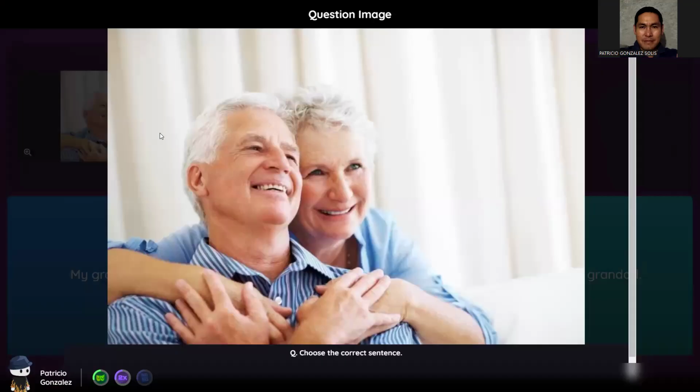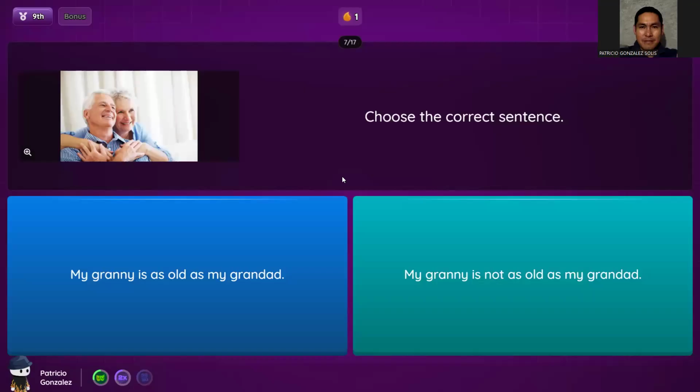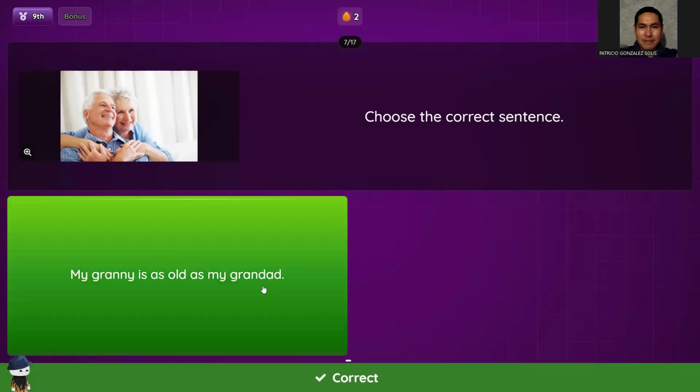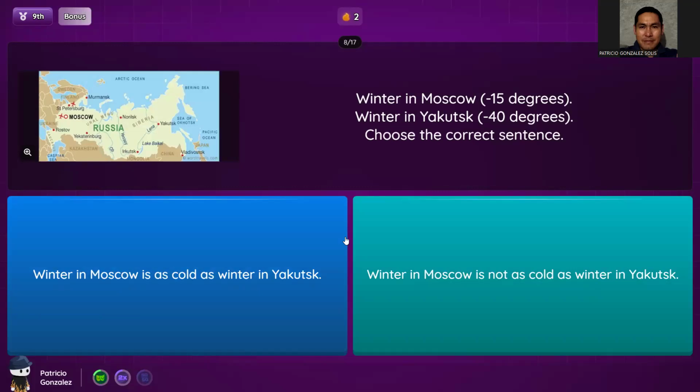Okay, let's look again. Yeah, it's the first one. The first one says, my granny is as old as my granddad. Similar features. All about temperature, my dear Alejandro Arturo.